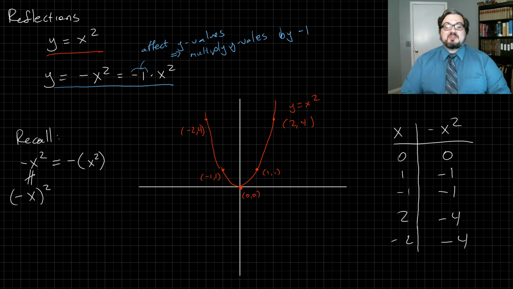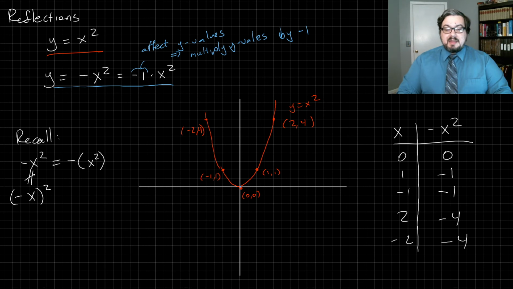You evaluate the squared first and then the negative ahead of it. And the reason for that is that exponents come before multiplication in order of operations, and a negative in front of an expression has the priority of multiplication in the order of operations process.